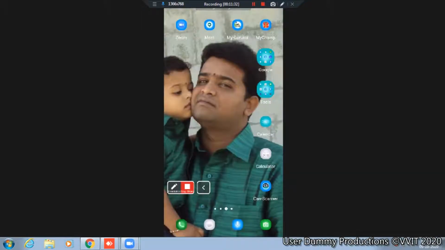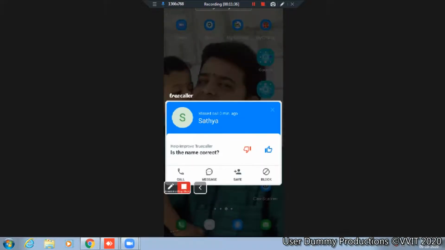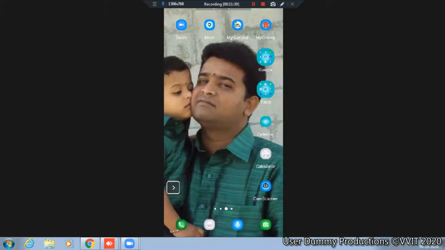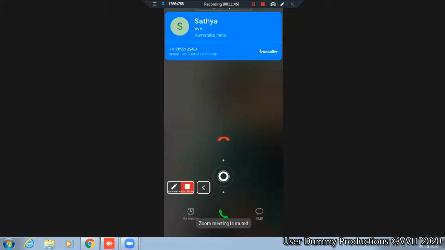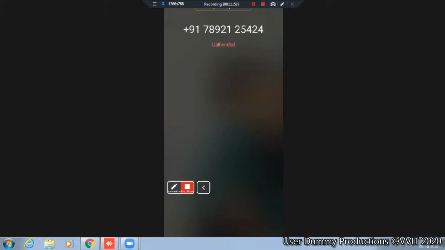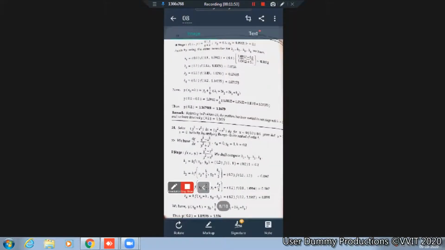So, what does this formula say? Guys, sorry for that. Yeah, let's come back. What does the formula say here? The formula says that k2 is equal to f of x naught plus h by 2, y naught plus k1 by 2. The same thing we used there.